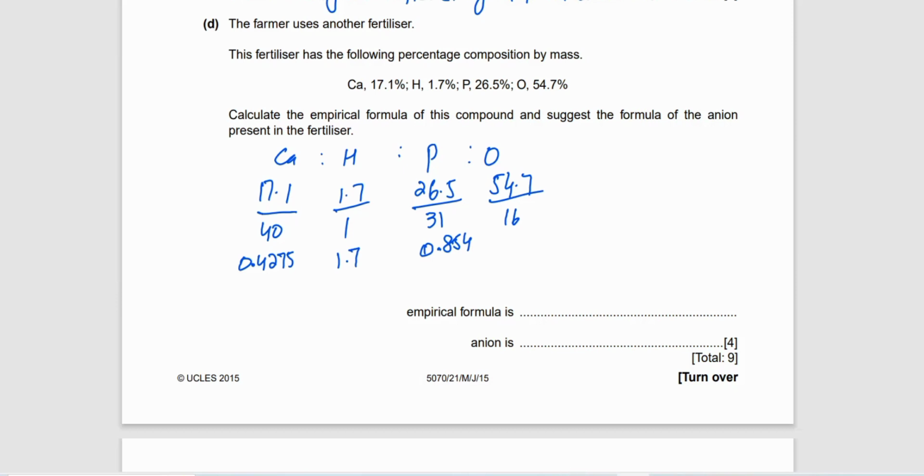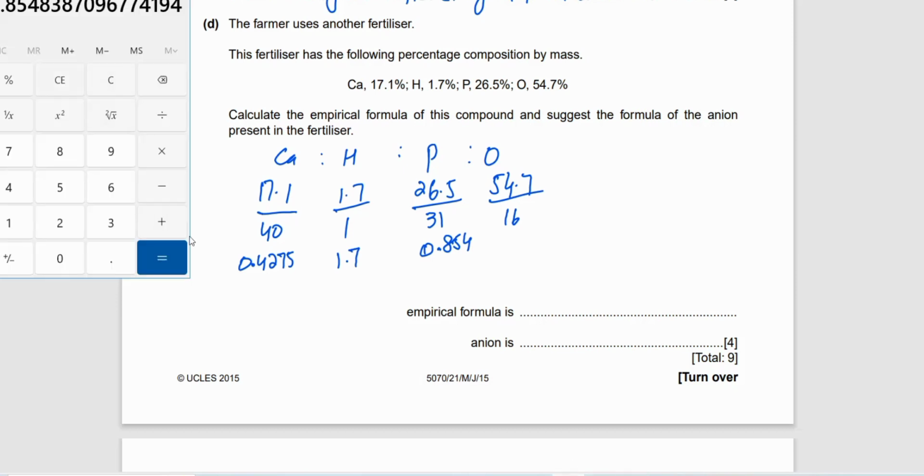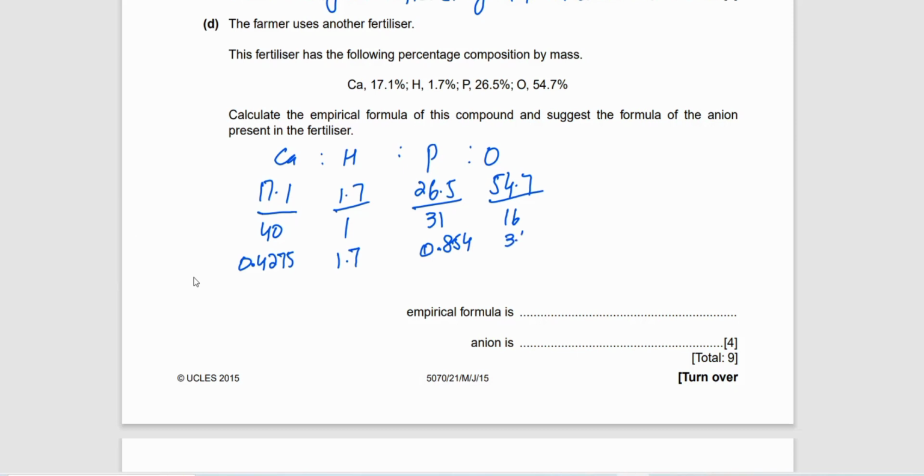And 54.7 divided by 16, 3.41. So the least one can be divided on all of these.